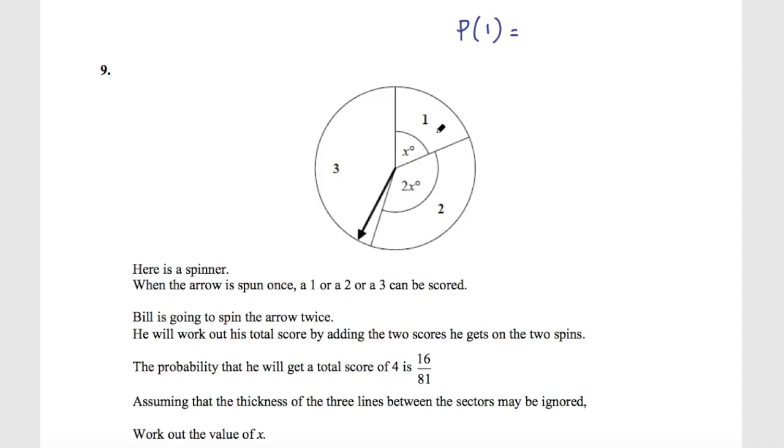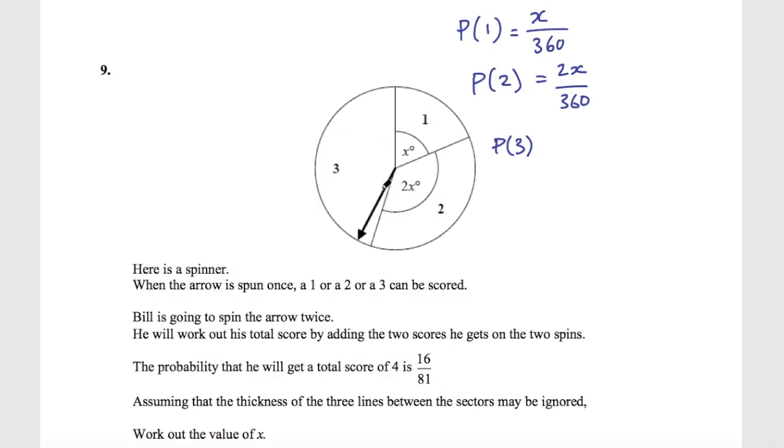So the chances of spinning a 1 will be the angle of that sector divided by 360. And then the probability of a 2, well, that's going to be the angle again divided by 360.